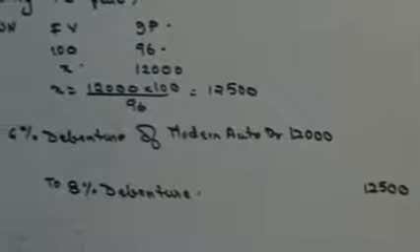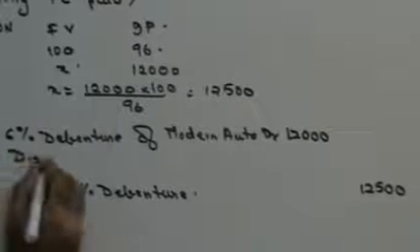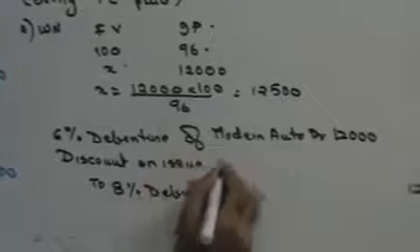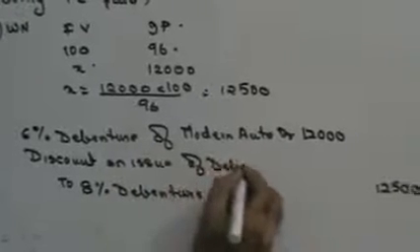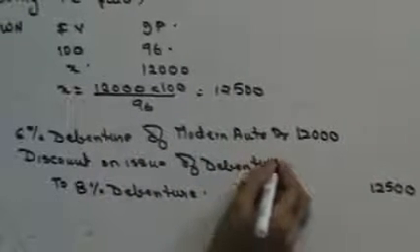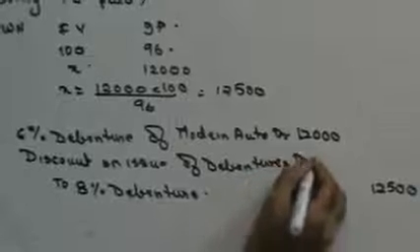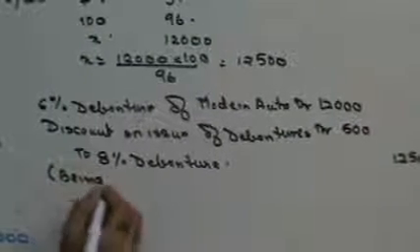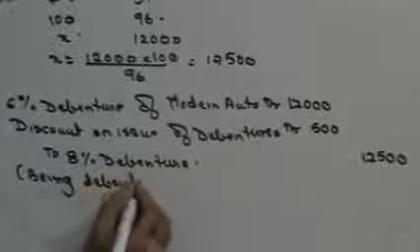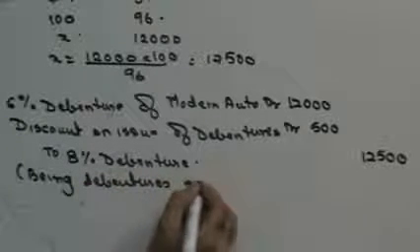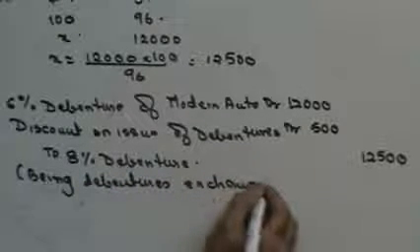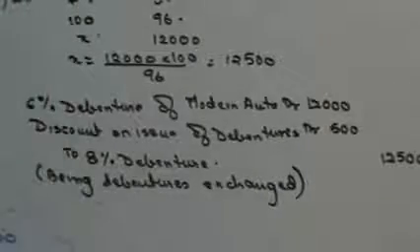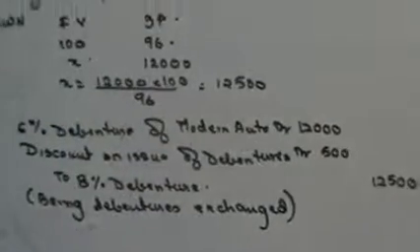The difference is going to be discount on issue of debentures, 500. Being debentures exchanged. Anything else to be done? No. That's it.